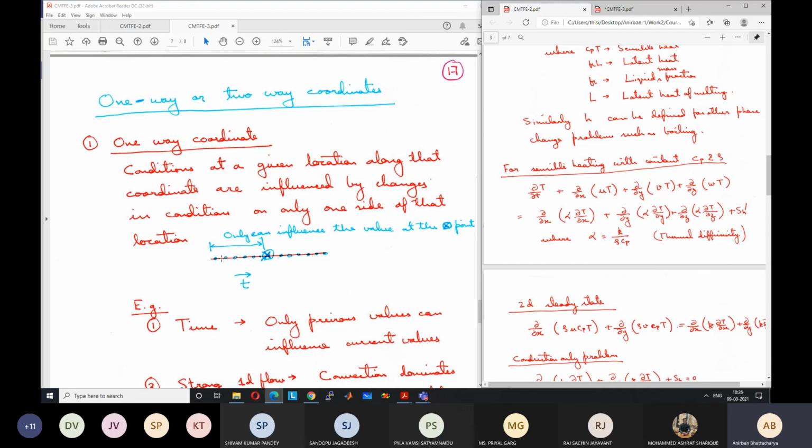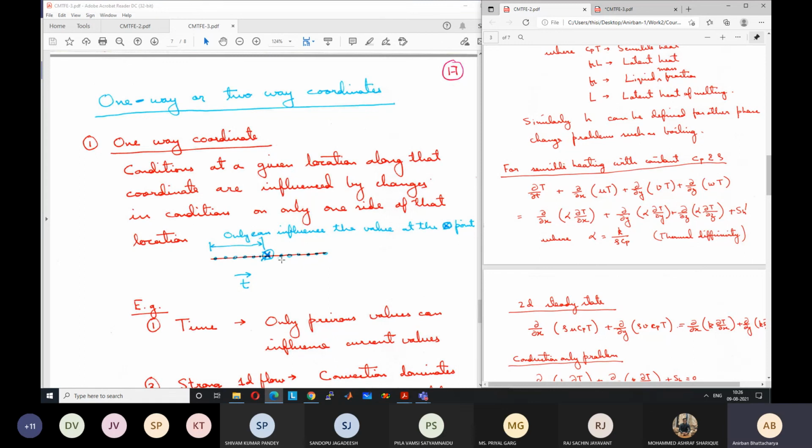The variables which have already been solved behind this point can influence the value at this point, but the variables which are ahead of this point cannot influence the value at this point. So only the variables on one side of the point can influence the point.